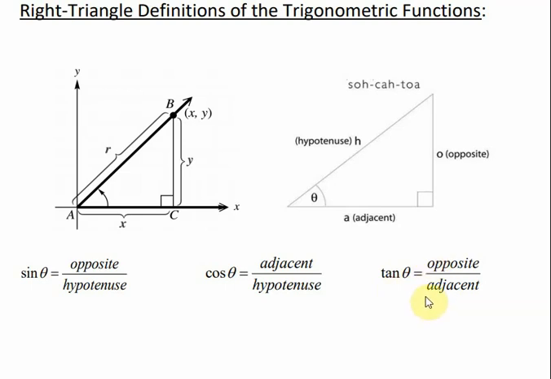Another way to remember these trig functions is some old hippie caught another hippie tripping on acid. So whatever way you want to remember it, you do need to remember these trig functions.